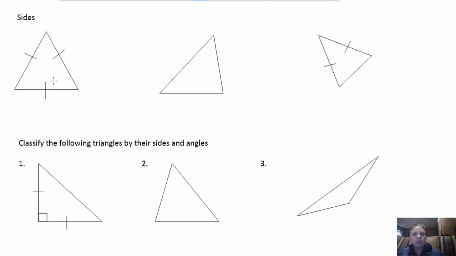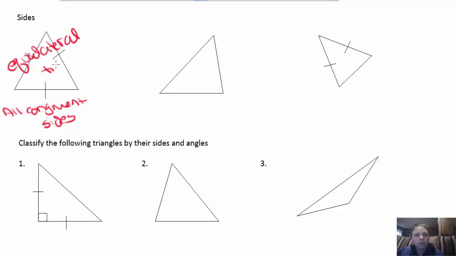Next, this is by the sides. All sides congruent is an equilateral triangle. This one has no congruent sides, and we know that because these little marks mean they're congruent.